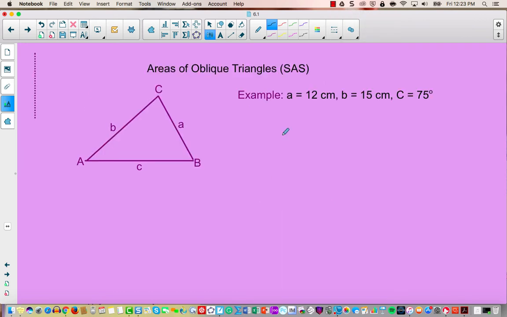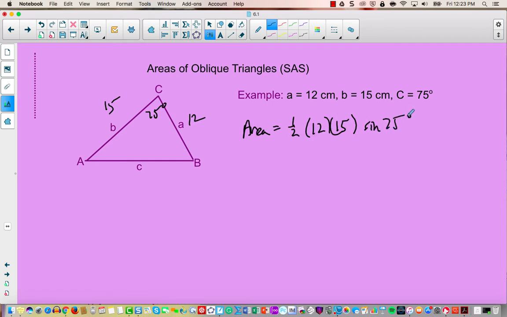So let's go ahead and try this on for size. Here's an SAS situation. We're given that little a is 12 and little b is 15. And we're given the measure of the angle between them. C is 75 degrees. So we apply our formula that area is 1/2 times 12 times 15 times the sine of 75.